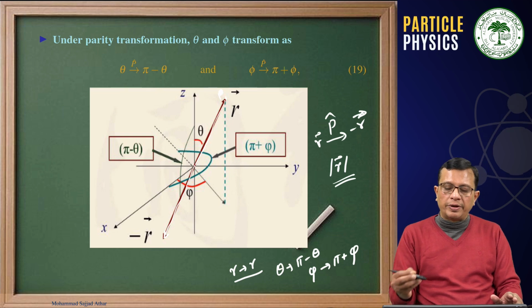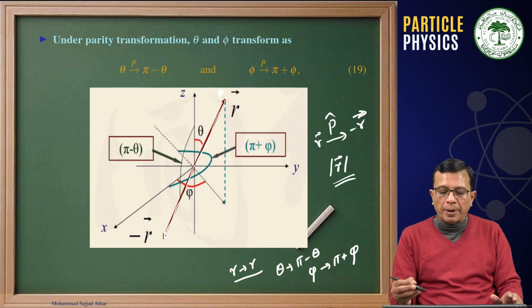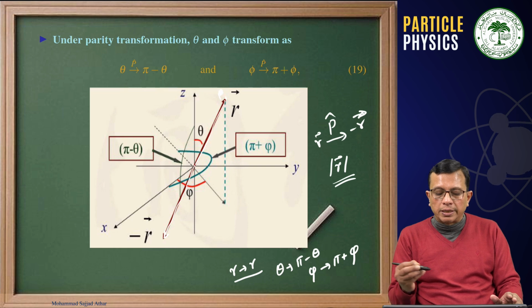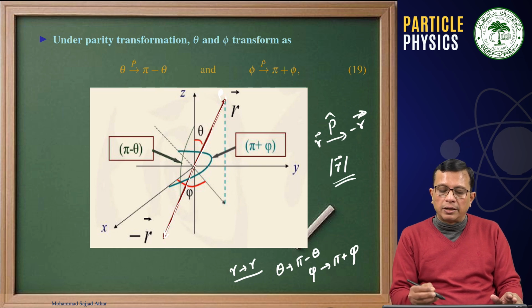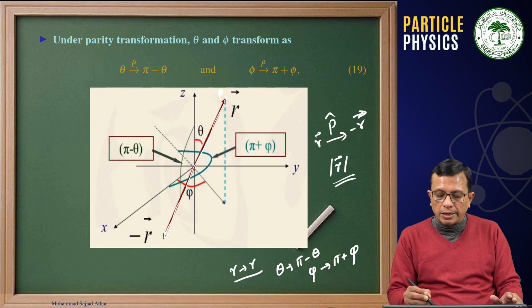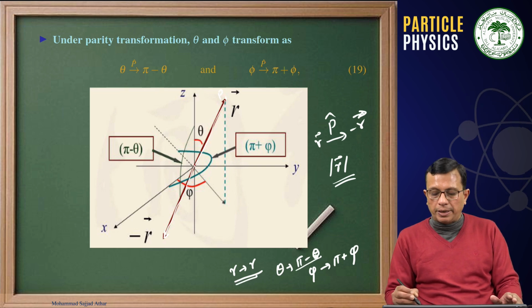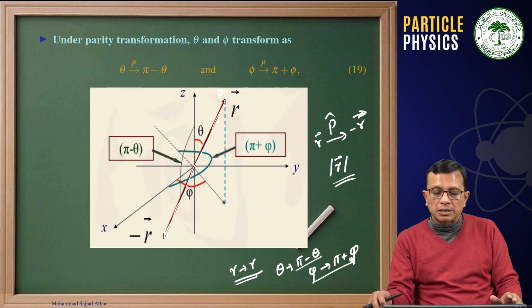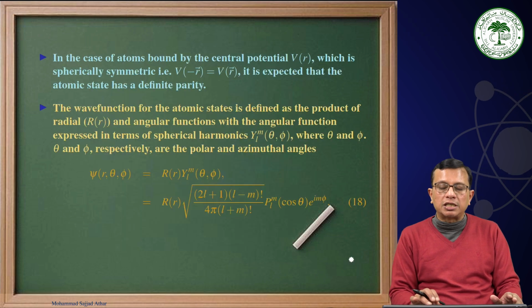When we operate on it with the parity operator, we get minus r. That minus r we can equivalently get by keeping the magnitude of r unchanged while changing theta to pi minus theta and phi to pi plus phi. And I am going to exploit this in this expression.